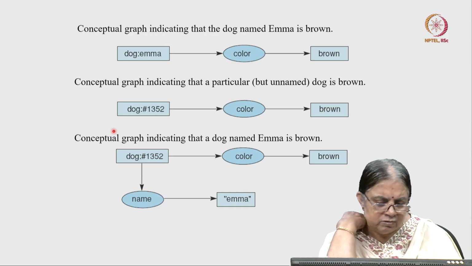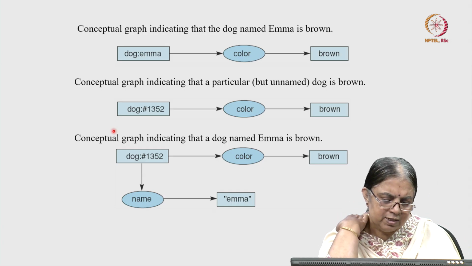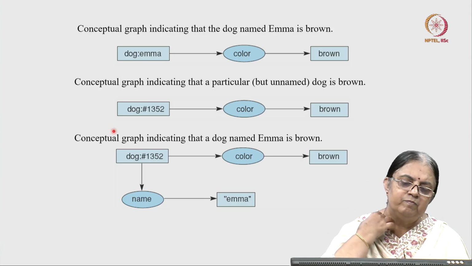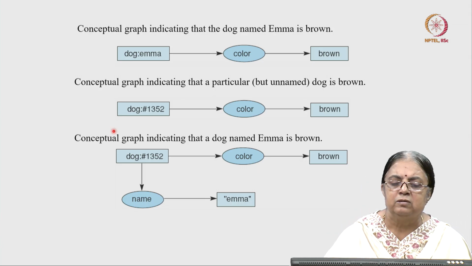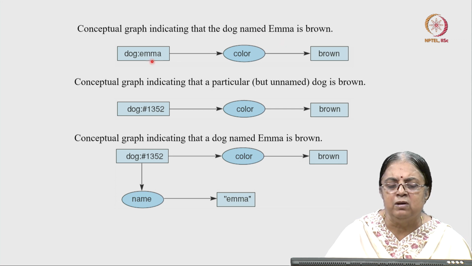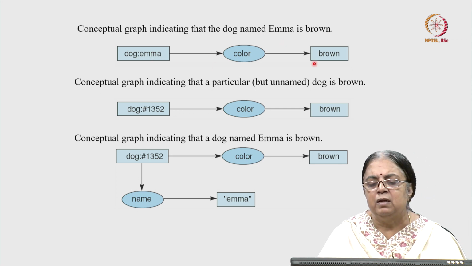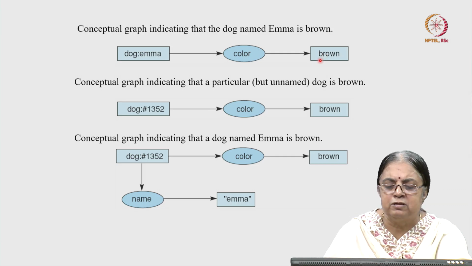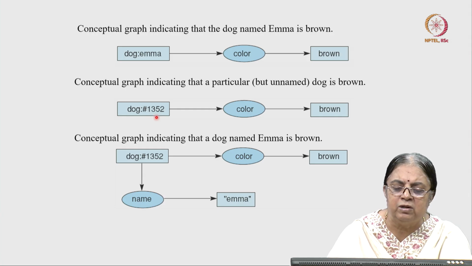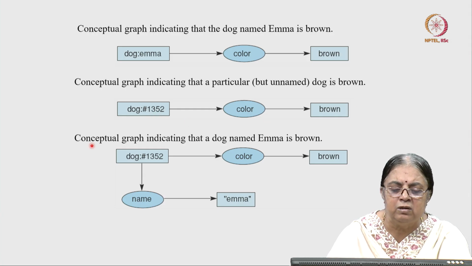But what we are going to see here is how it can be used for inference, etc. So, here we are talking about a dog named Emma, okay, and its color is brown. And you have a dog, a particular dog with a number, and its color is brown.